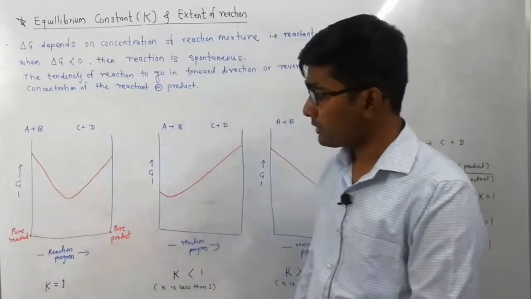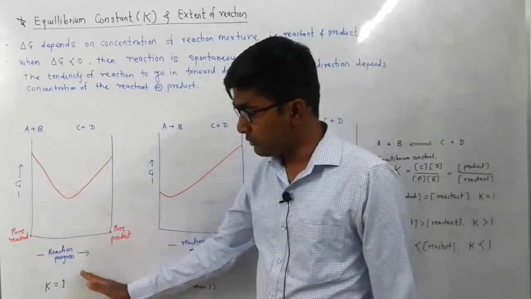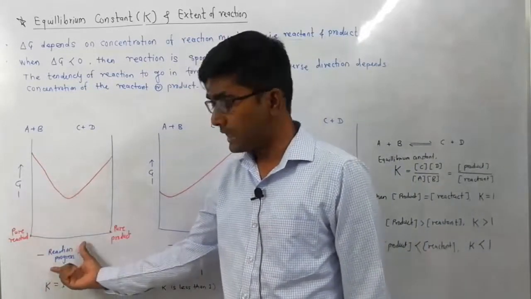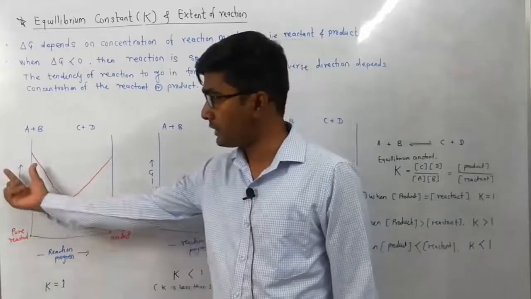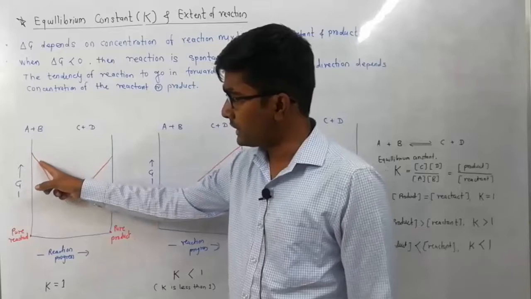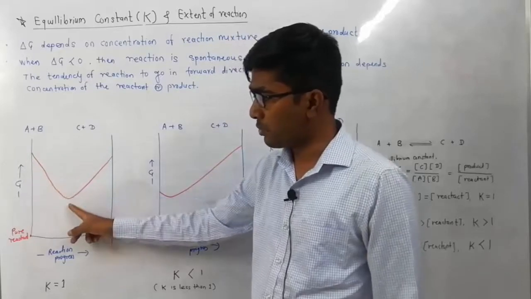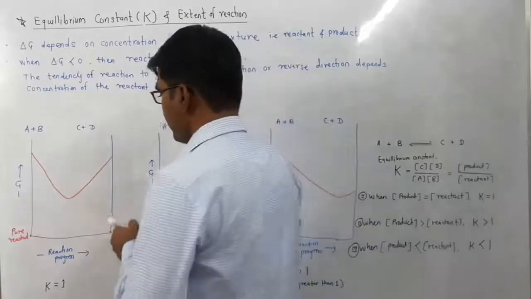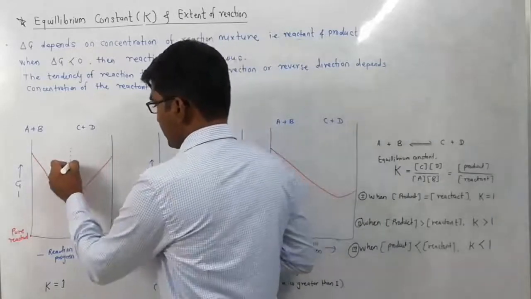Just look at the first graph. This graph is free energy versus reaction progress. Now, here the free energy decreases till this point, and this point is called the equilibrium point.